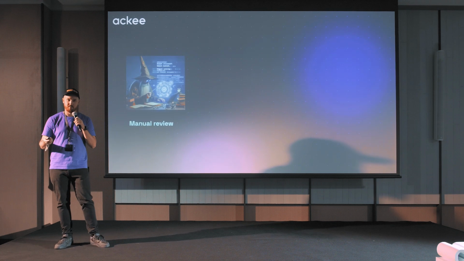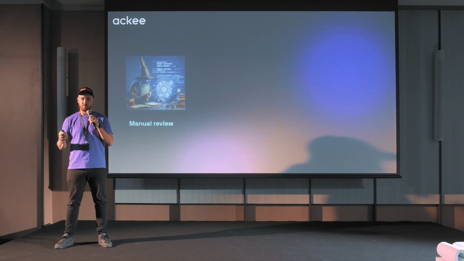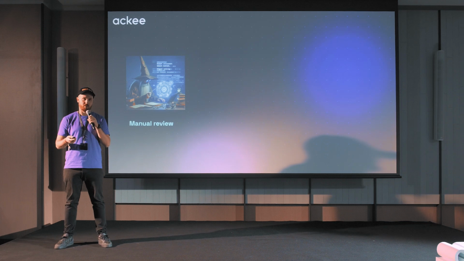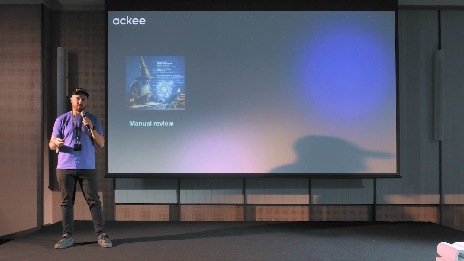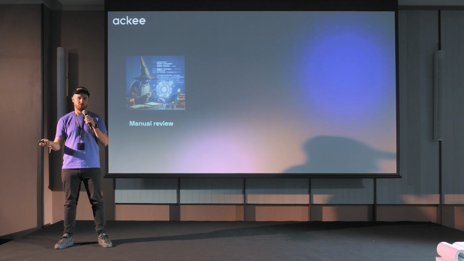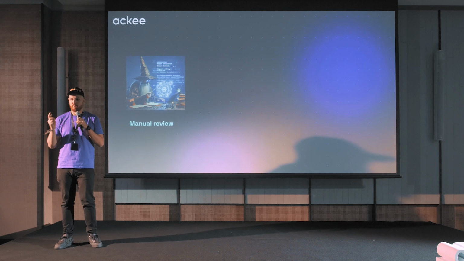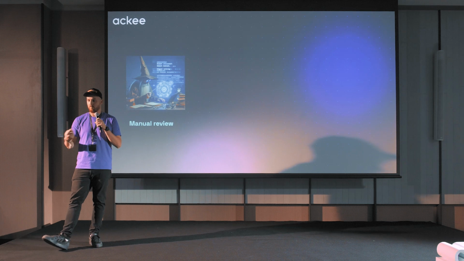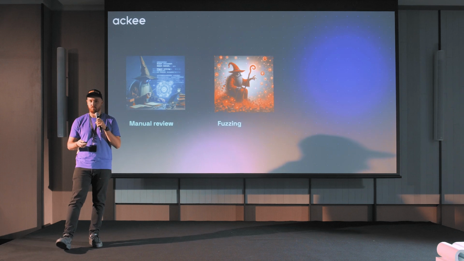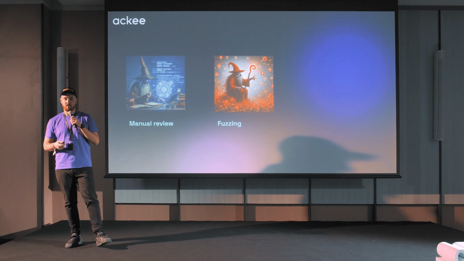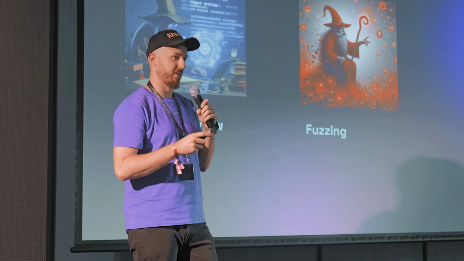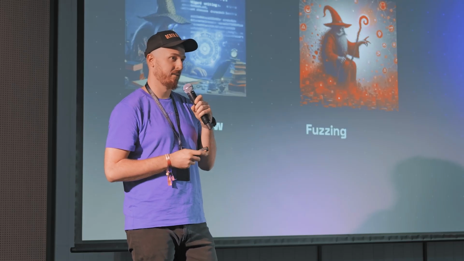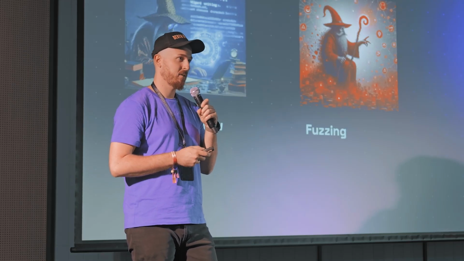First, an important discipline of the audit is manual review. Most of the auditors find most of the issues with the manual review. But the second important thing to make the review good is to do fuzzing. Can I just ask who knows what fuzzing is? If you can raise a hand. Cool.